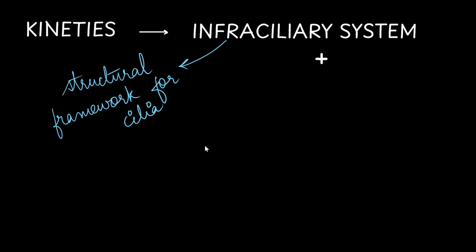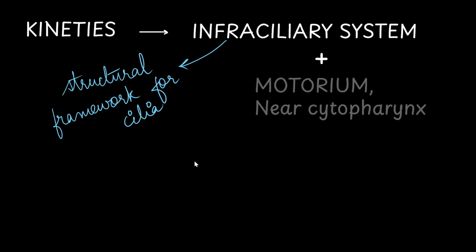The infraciliary system combines with an organelle found near the cytopharynx called the motorium. For an organism like Paramecium, intaking food is the most important for its survival, right? So the way the body moves and the cilia move is directly associated with finding food, and hence the motorium is located near the cytopharynx.